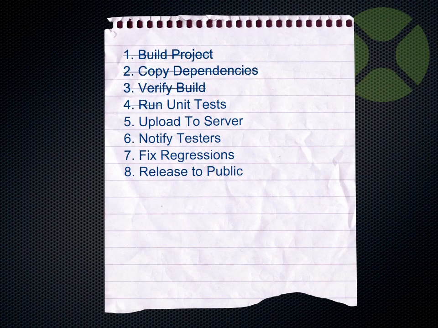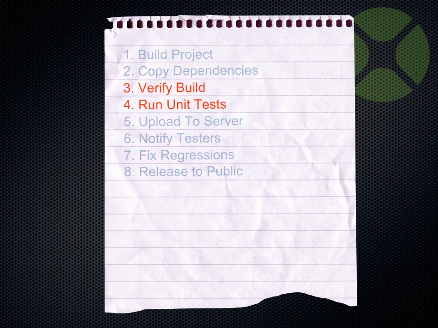Might go get a cup of coffee, might go get breakfast, depending on how some of these processes go. And while repetition is a great thing, we as humans very often will forget a step, or you get tired or busy or you fall behind. And what happens is we tend to skip the really important stuff because it's really time consuming. Running unit tests, verifying that the build is good.